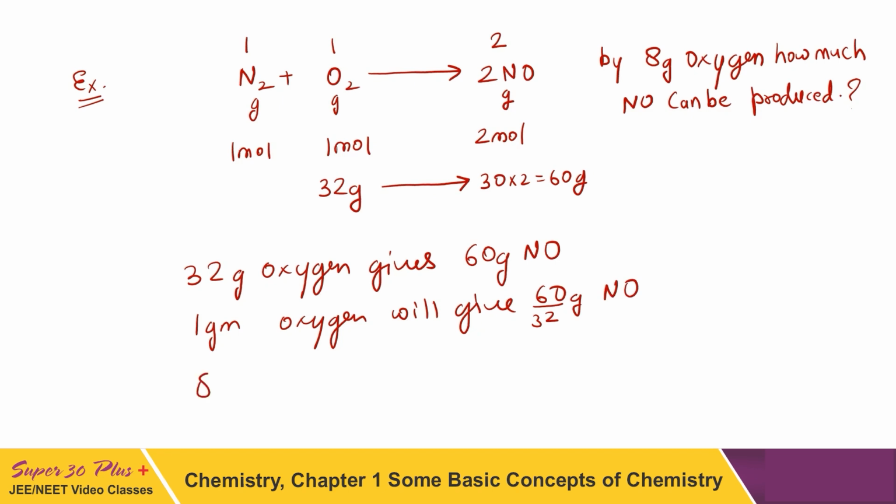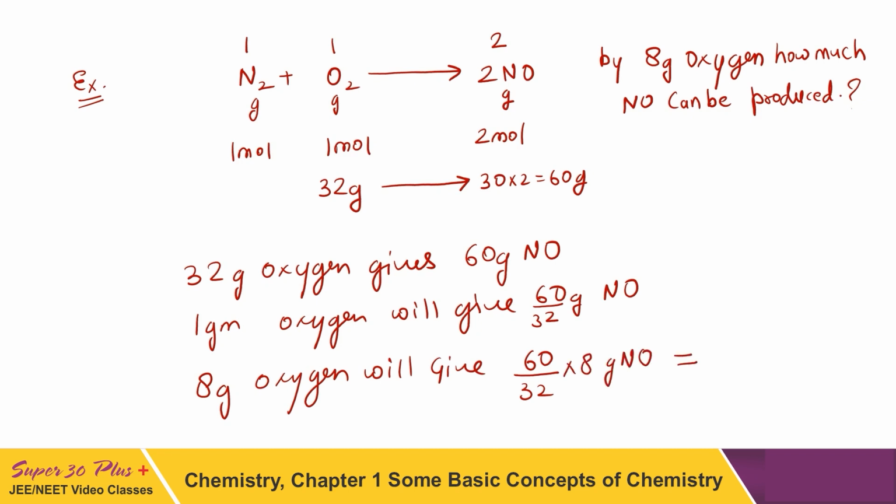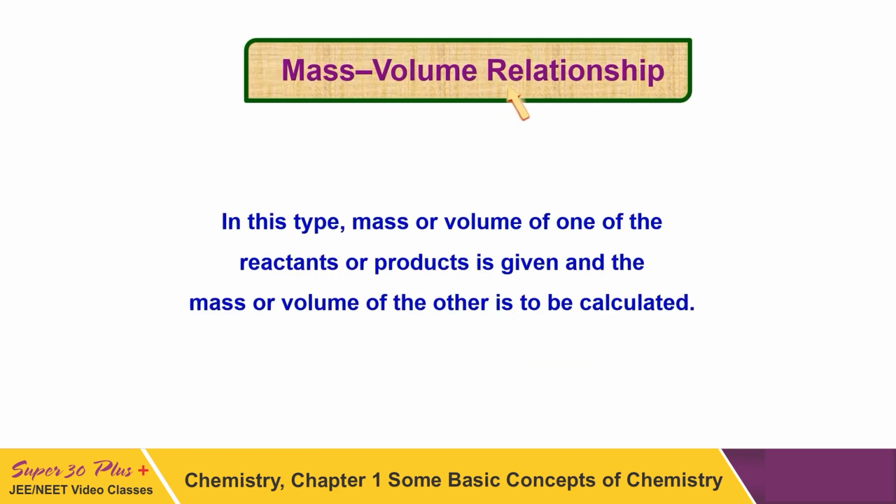Now what about 8 gram? 8 gram oxygen will produce 60 by 32 into 8 gram NO, which is 15 gram. So this will be your answer. By using 8 gram oxygen, how much nitric oxide is produced? Students, the answer is 15 gram. So this is how we solve the questions of mass-mass relationship.